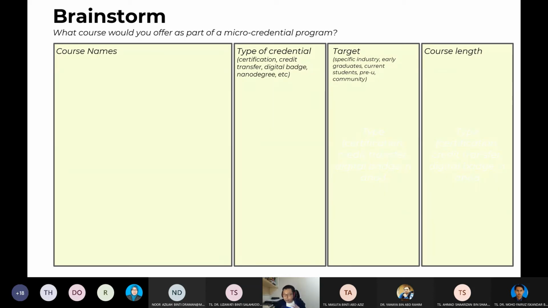Sebab kursus R kami dalam kurikulum aerospace engineering dia ajar basics of statistics and probability. So banyak konten dari situ tak sempat kita nak betul-betul ajar R for students. So kita plan untuk buat a small course or I would say a micro course yang kita boleh bagi credential yang mengajar R for statistics.